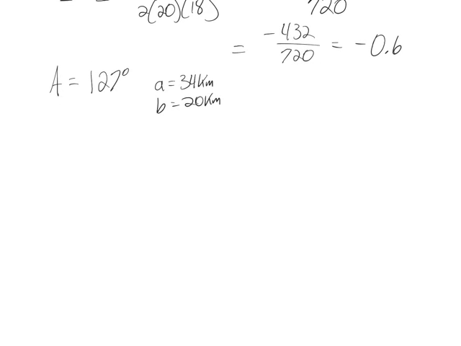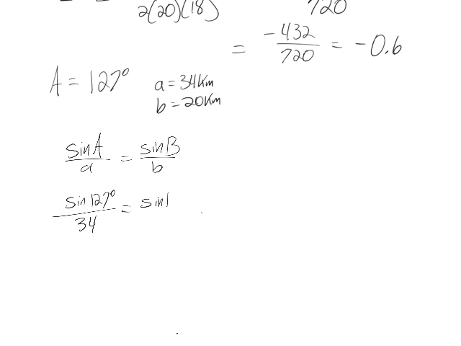So let me scoot down a little bit, and since we're looking for an angle, we'll put the angles on top. So it's going to be the sine of 127 degrees over 34 is equal to the sine of B over 20. So multiply both sides by that 20 to move it over.